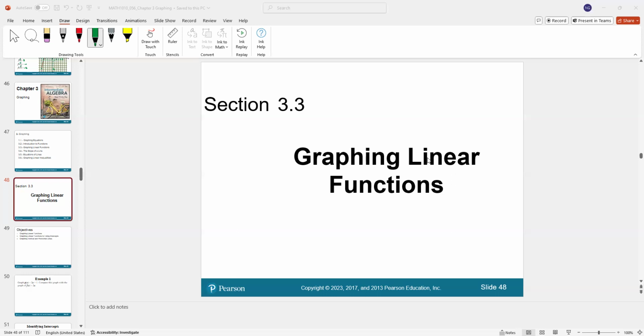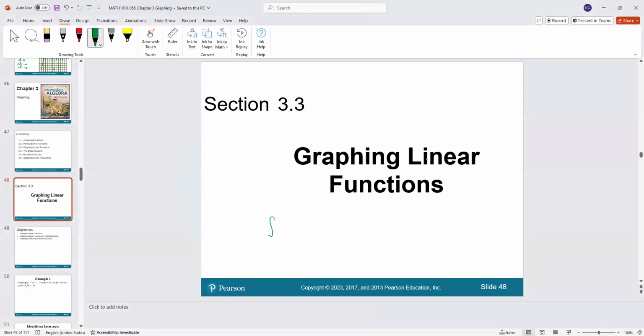And also, we know that all linear equations, except those graphs that are vertical lines, are functions.